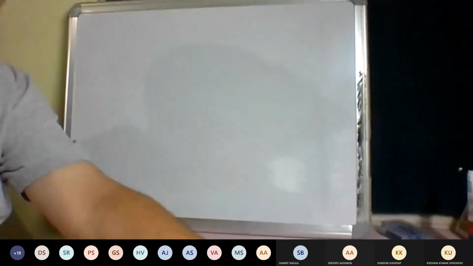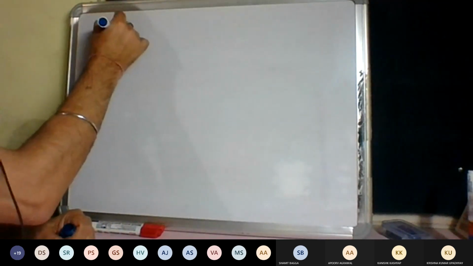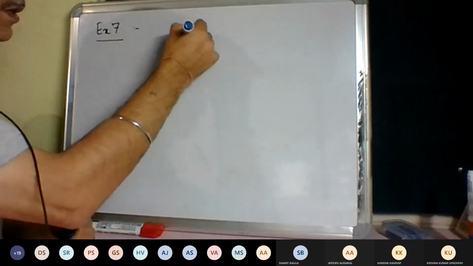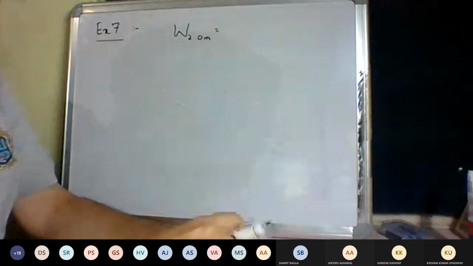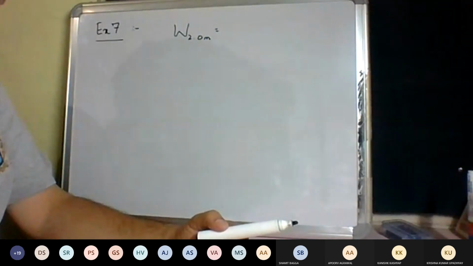So if you find out the displacement at 2 meters, because it is salt water, displacement at 2 meters will be the volume into density.